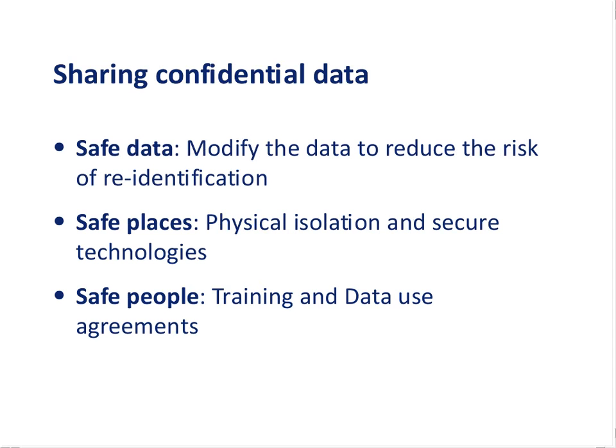Safe places, including disseminating it through a secure access mechanism, and then training people so that they understand both how to identify data that have disclosure issues and what some of the data use agreements are, or things you can do when preparing the data to ensure that the data are safe and that you can disseminate them as widely as possible, even though there might be disclosure issues.